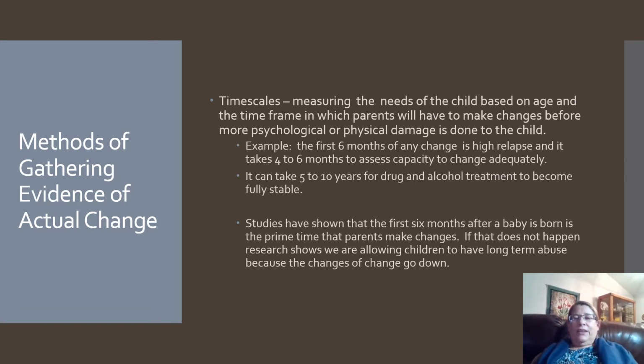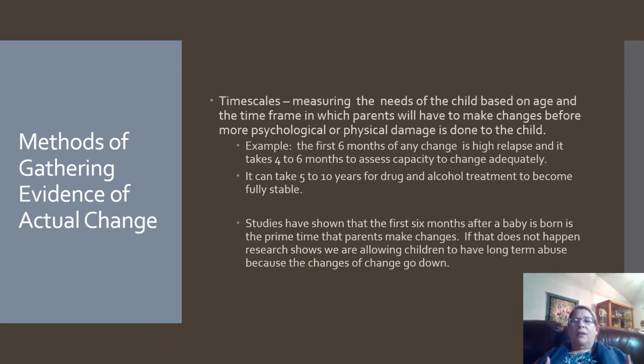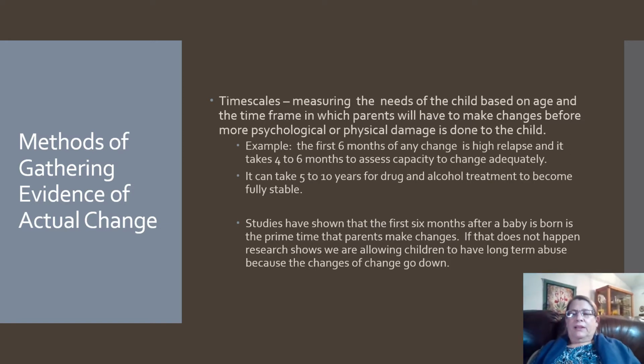And so here we go. This is where time scales come in. If you've got a baby, do you want this baby to be in foster care for 5 to 10 years for a heroin addicted mother and go through all of the relapses and what have you? That's probably not realistic.